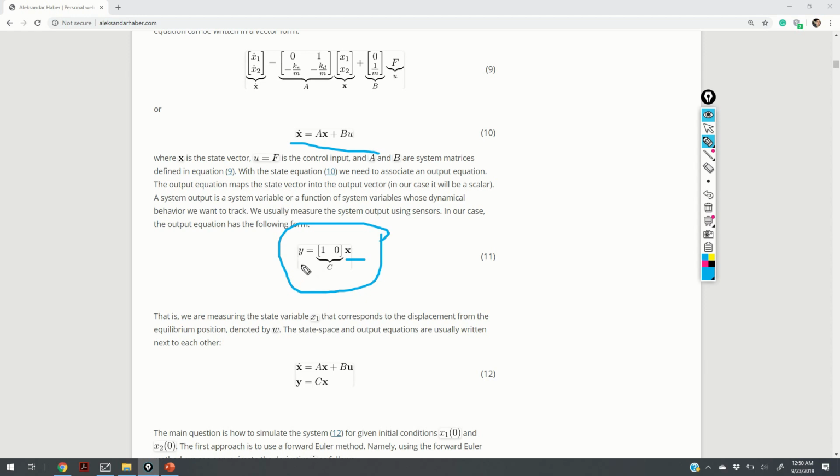In our case, we are assuming that we are actually measuring the displacement. We can measure displacement using various types of sensors. Now, the equation 10 and equation 11 can be written as the equation 12, and this is basically our state space model with the output equation.